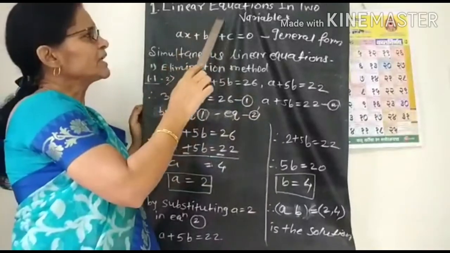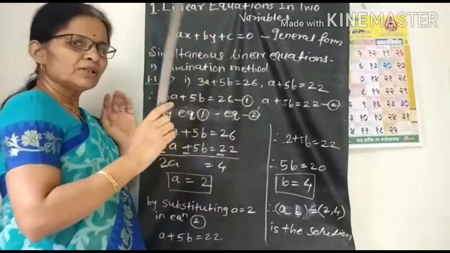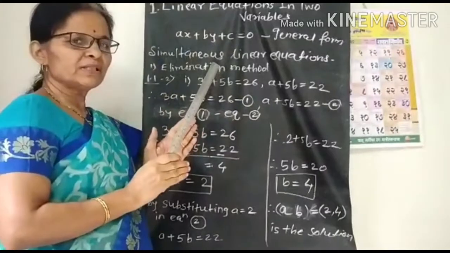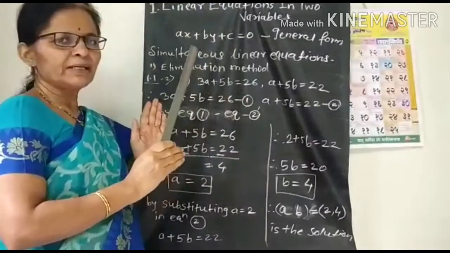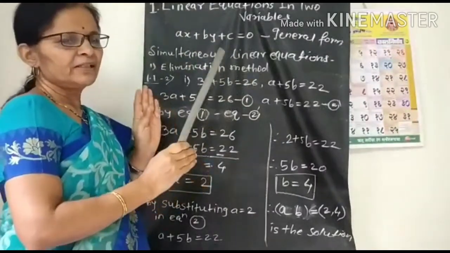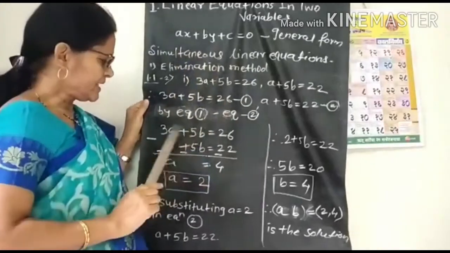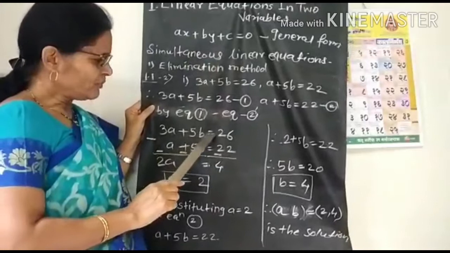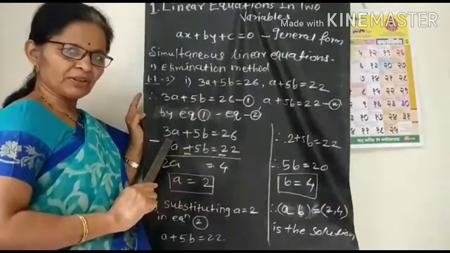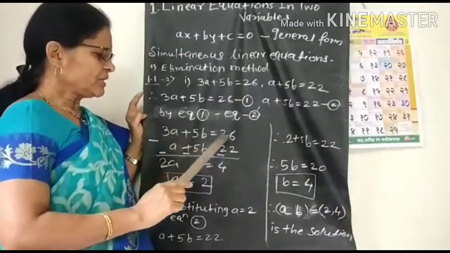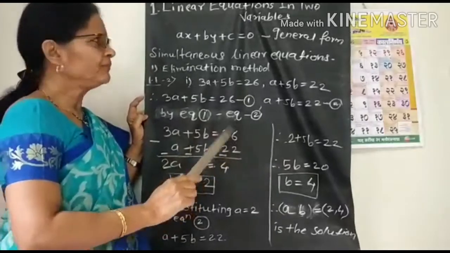So what is linear equations? First of all, equations means having two sides, left side and right side, and these two sides are separated by equal sign. Here 3a plus 5b equal to 0. This is equation. So equation has two sides.